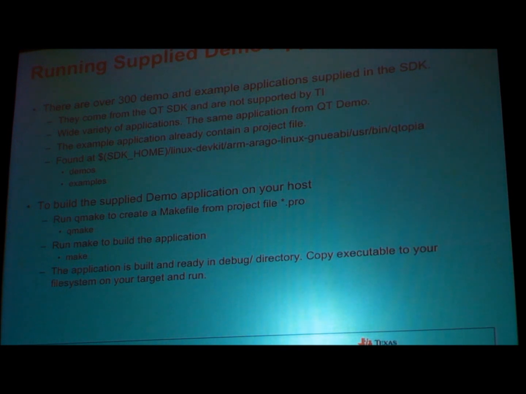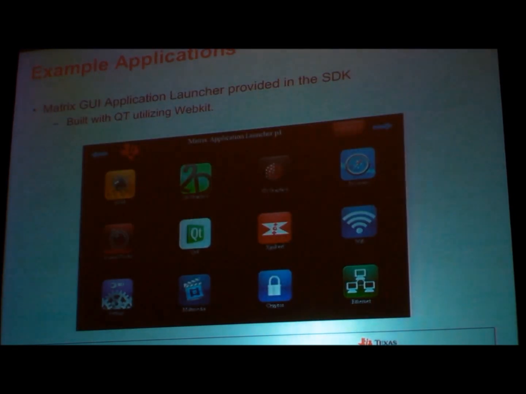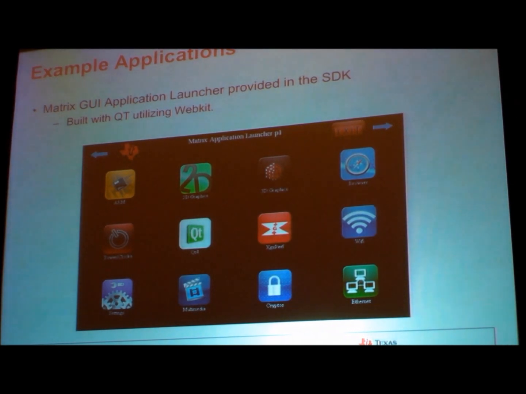They come directly from the Qt SDK, but it is not supported as part of the TI product. There's a wide variety of applications in there, and it's pretty straightforward. If you wanted to build those, you just go under the directory where the demos are and run qmake and make.